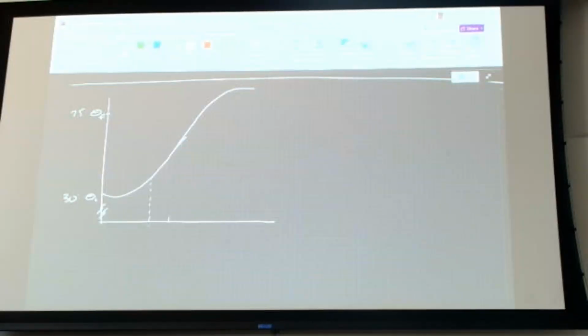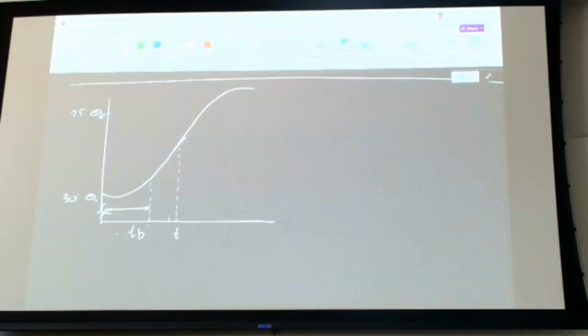So here is, say, our inflection point that we're going to have right here. And we're just going to call this point T. And we're going to call this point right here TB. And so we're going to look at this time right here as TB.